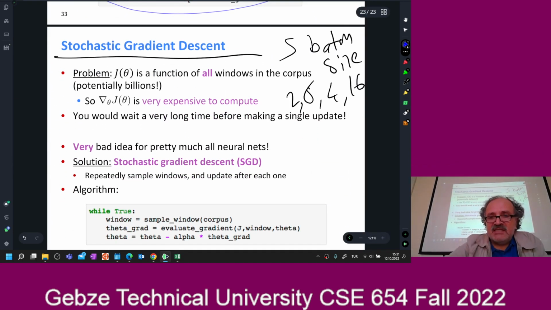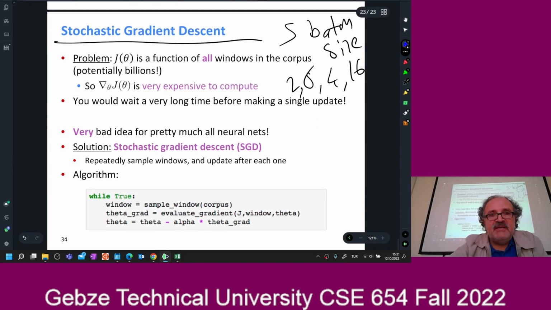And stochastic gradient descent, I already talked about it. The problem is you cannot handle the whole J(theta). It is very big. So what you do is take windows of 5 words, and take 2 or 4 or 6 or 8 or 16, or powers of 2, windows, and only change the theta parameters of those words at each step.